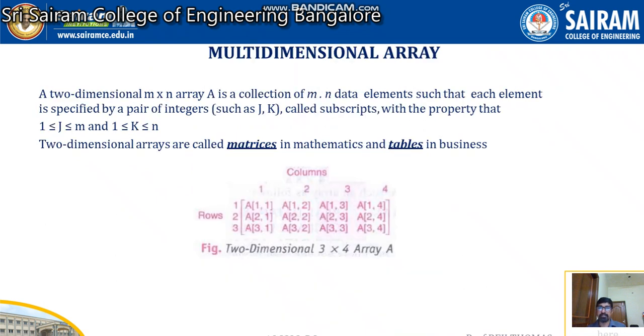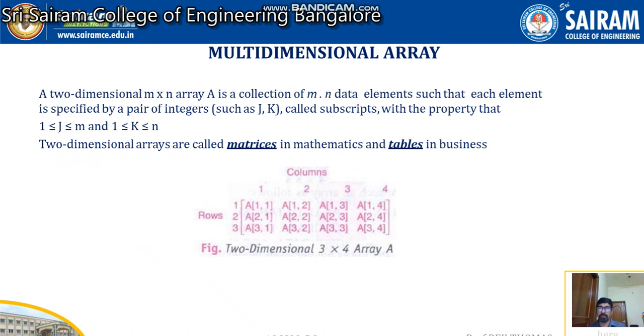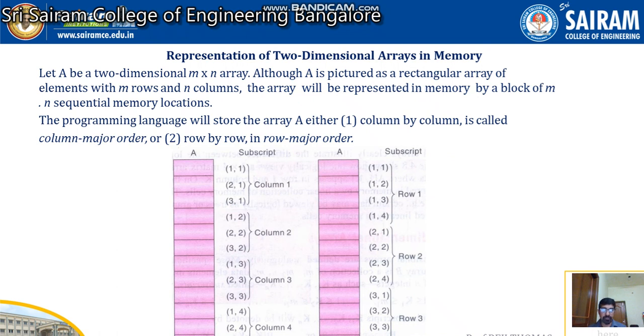So what we have seen is multi-dimensional arrays. We have seen what searching is before: searching is finding an element in a given structure. Then we have seen multi-dimensional arrays, where every element has a row and column index. This is the way we normally store it. Next is how we represent this. Two-dimensional arrays can be represented in memory in two ways.